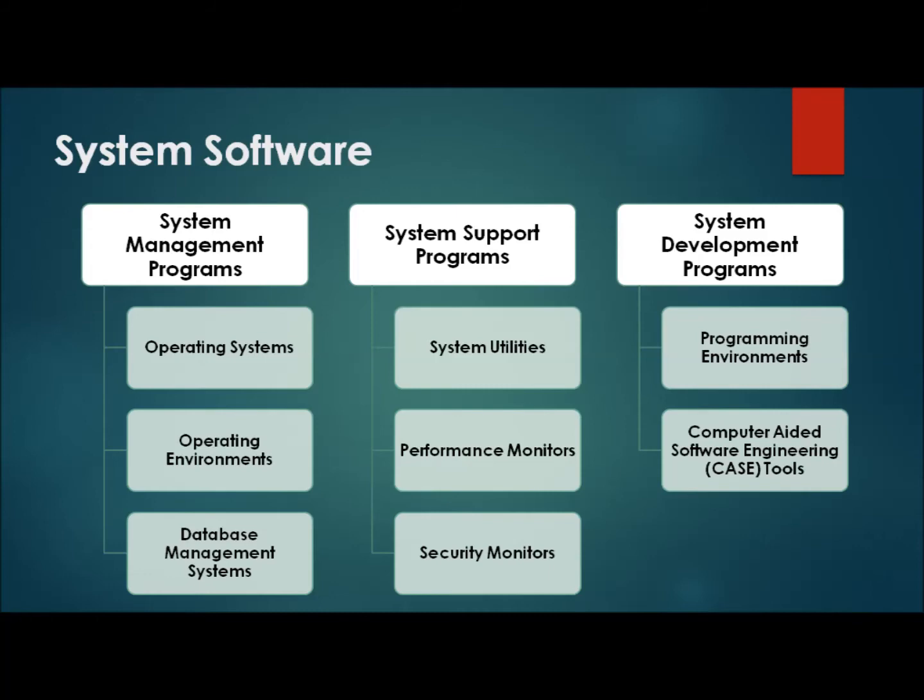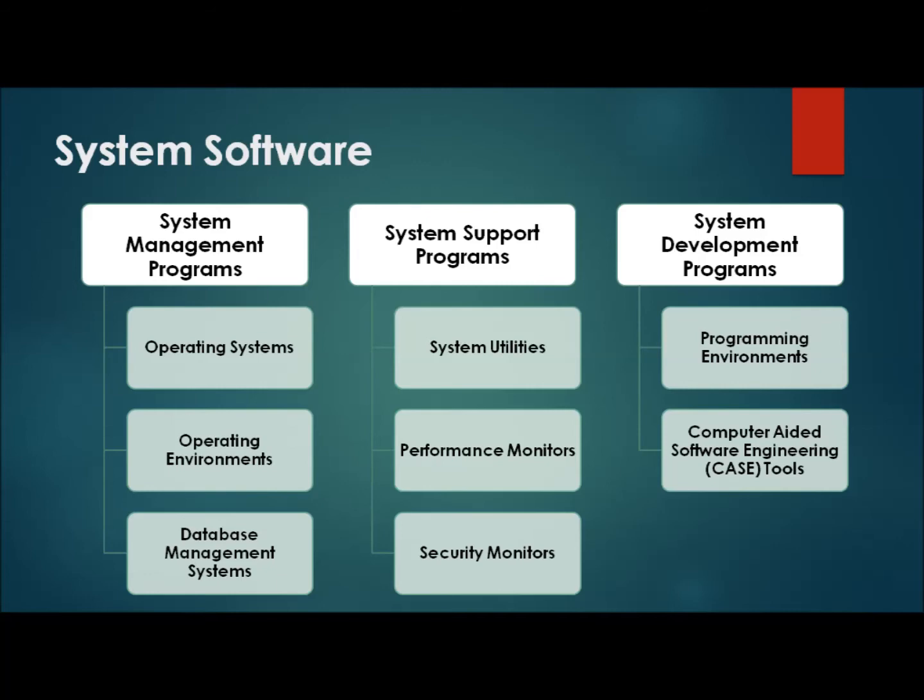The subtype, performance monitors, means applications which can monitor the system resource usage and provide suggestions to optimize those resources: the RAM, hard drive, CPU etc. Security monitors can include firewalls, virus guards, and the necessary tools to guard your computer from harm. Then for system development programs we can take Java, PHP and Python kind of programming environments.